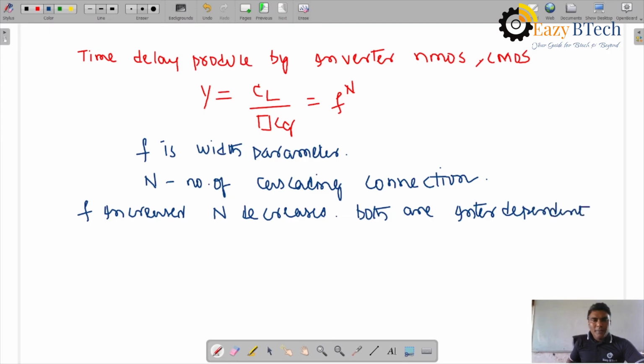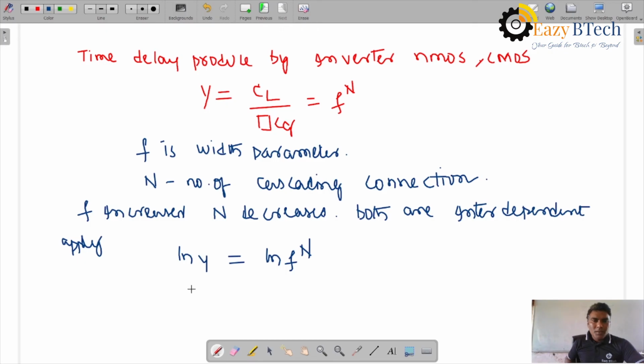Now, to reduce to the n parameter, we apply the natural logarithm on both sides, since for exponential values we can apply the natural logarithm. ln y is equal to the logarithm of f power n.